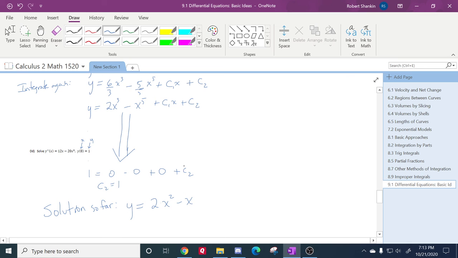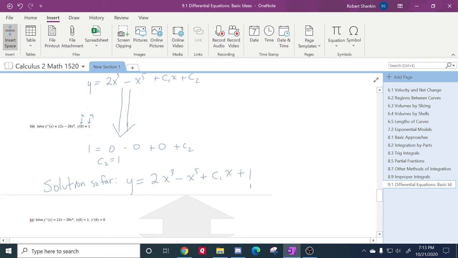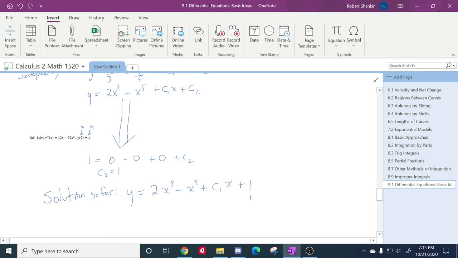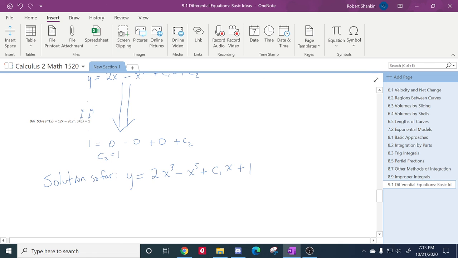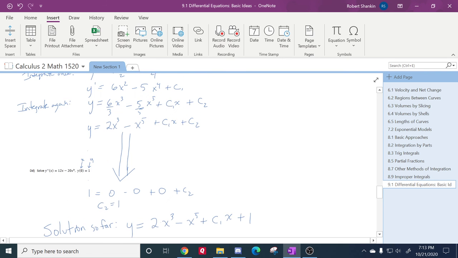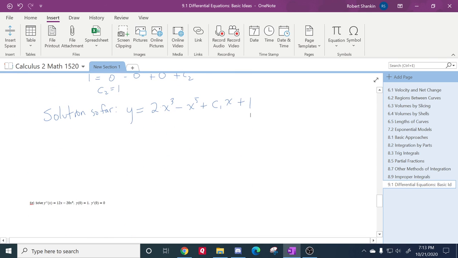Oops, it's supposed to be a 3. Okay, now we know that y prime of 0, where'd that go? Yeah. y prime of 0 is equal to 0 as well.